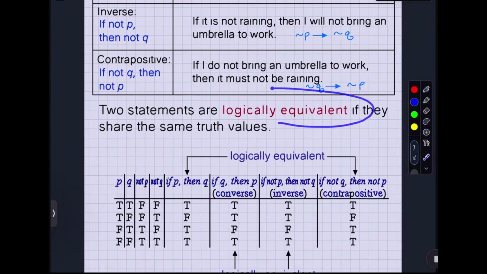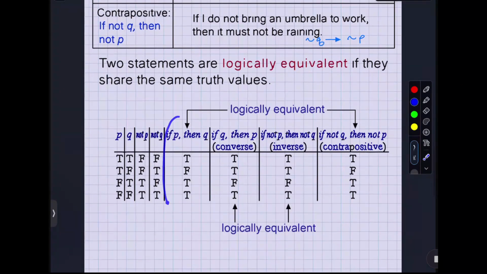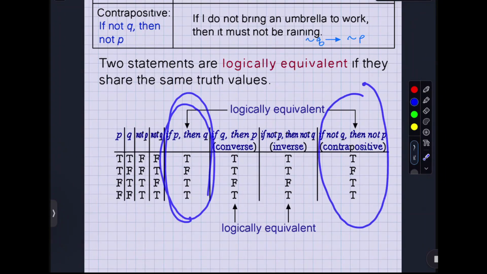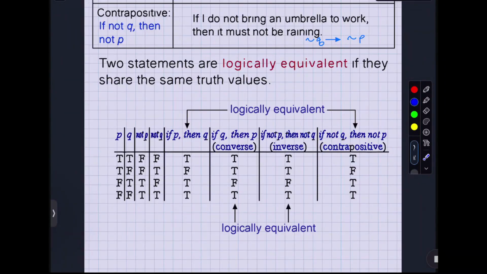So when you guys see the word logically equivalent, it is talking about when you look at the truth table. If this is true, true, false, true, false, true, true, and this is true, false, true, true, then these two are logically equivalent to each other.